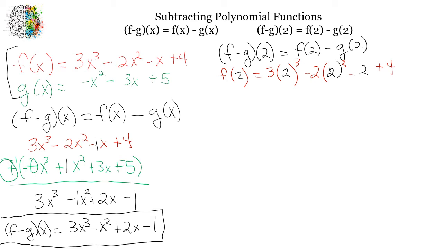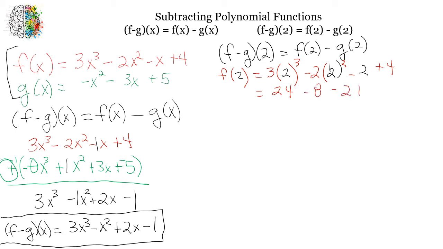So that's going to give me f of 2 equals 3 times 2 cubed minus 2 times 2 squared minus 2 plus 4. So let's go ahead and solve that. 2 cubed is 8 times 3 is 24. 2 squared is 4 times 2 is 8.